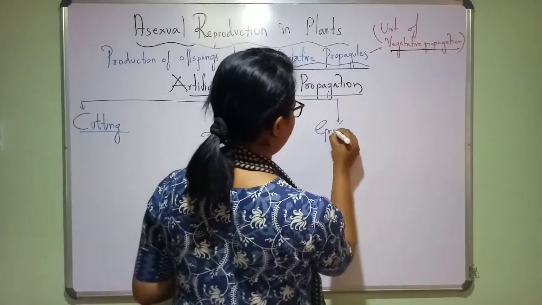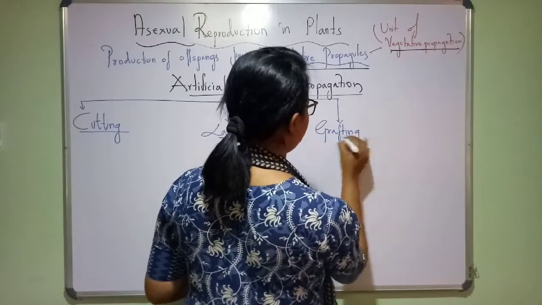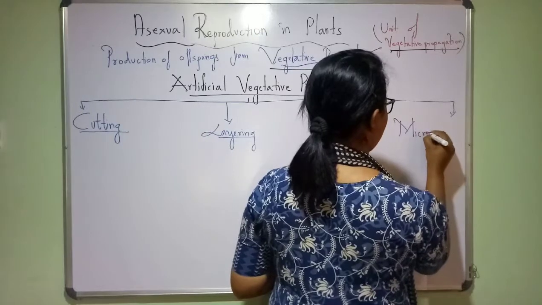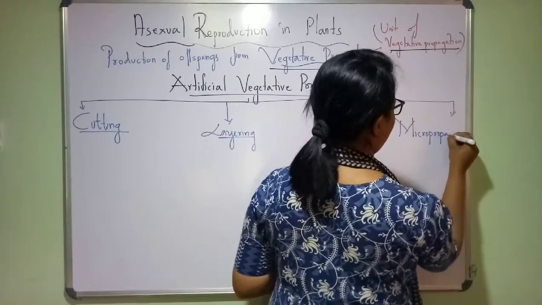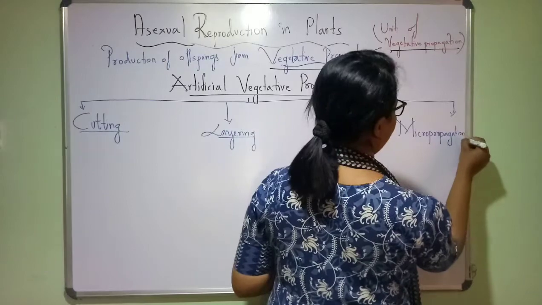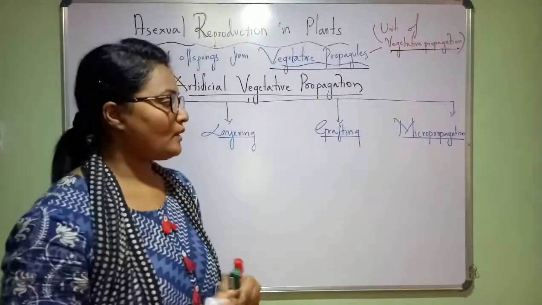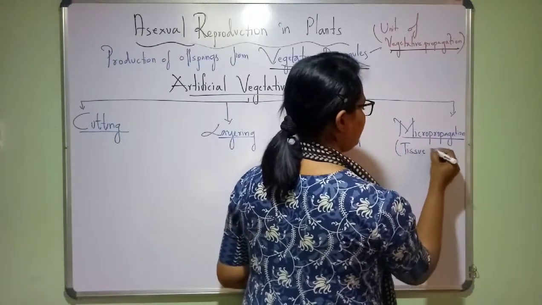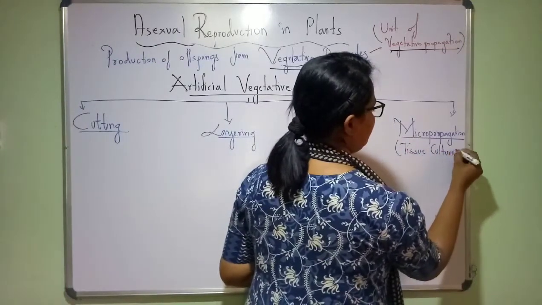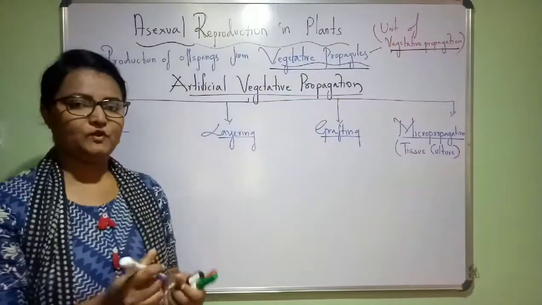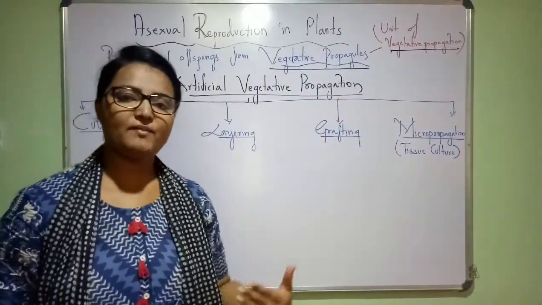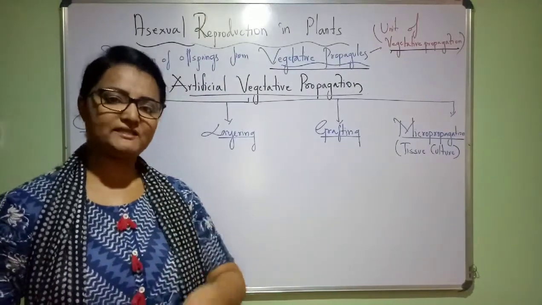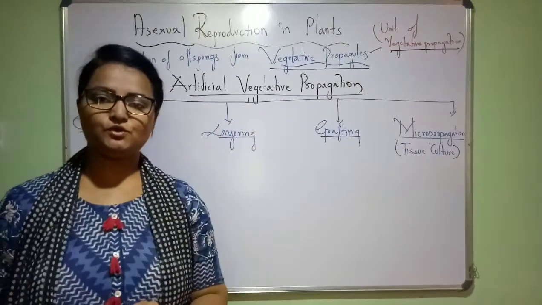Third one, grafting. And the last type is micropropagation, also called tissue culture. These are all performed by persons or human beings, not by the plants themselves, so it is called artificial vegetative propagation.